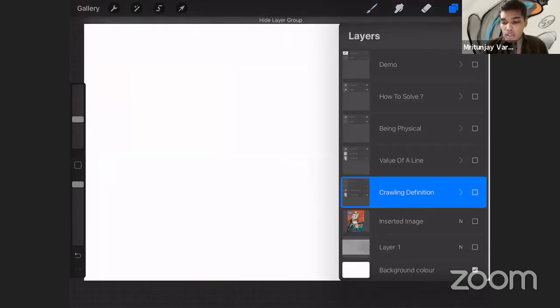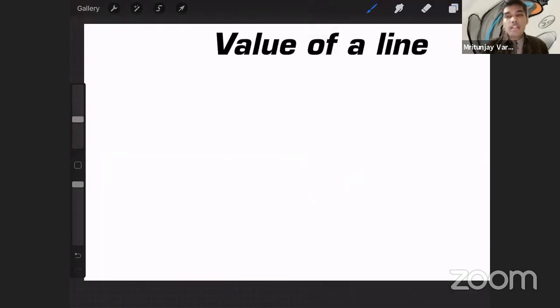Let's go now to the value of line. The value of line is kind of the same thing I told you: if one line equals one idea, I'm not saying count your marks, how many strokes you're putting in, but just be attentive about it. If I'm putting in so many lines, they have to have some meaning there.